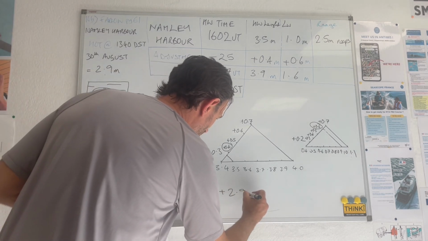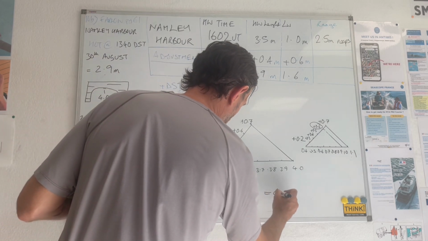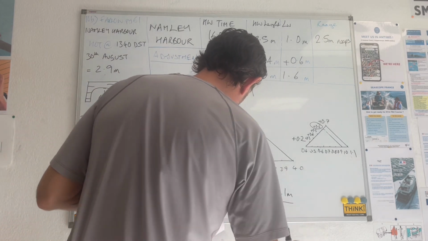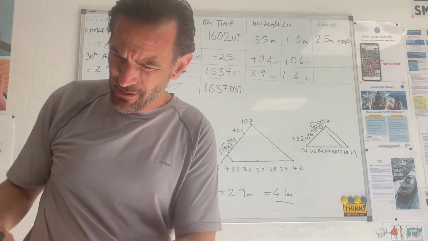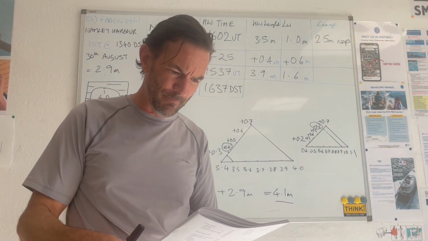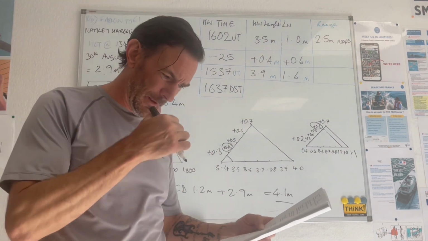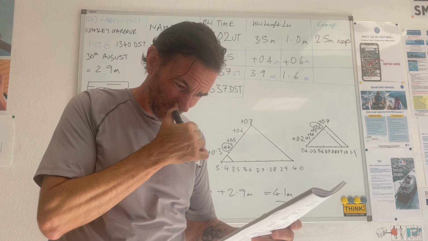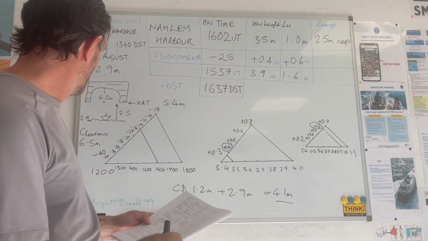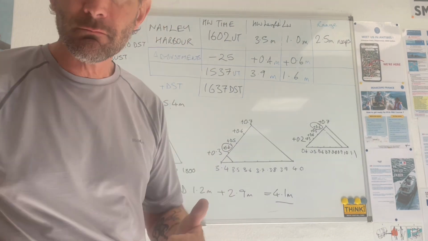So we're just going to add those together, and that's going to give us 4.1 metres depth at the Upper Town Quay. If we were to arrive at 1340 on the 30th of August. So that's answered question 10B. Piece of cake, yeah?